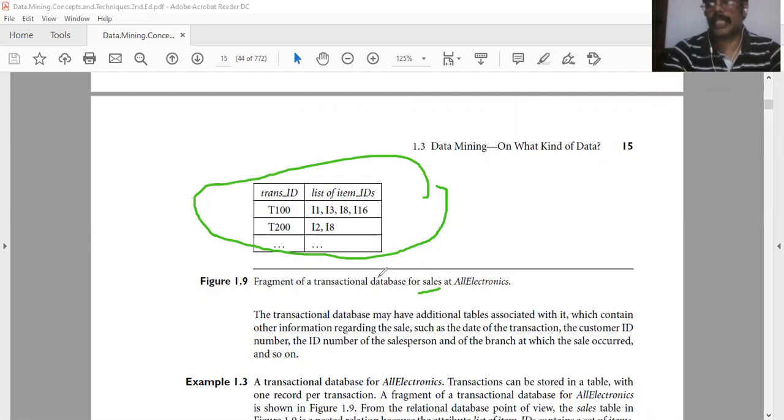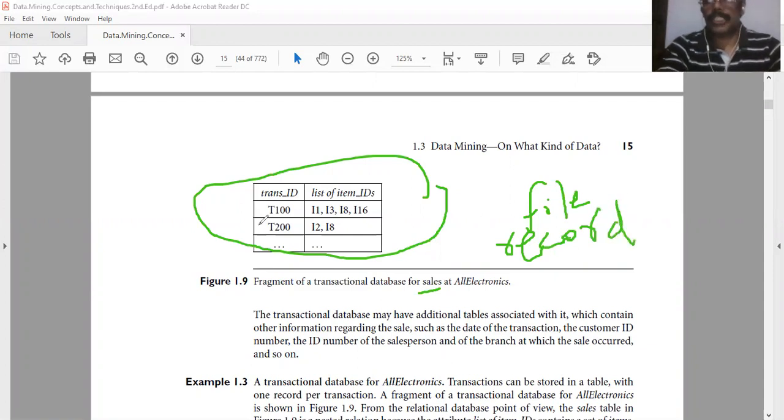So, a transactional database is a file where each record represents a particular transaction. Each transaction has a unique transaction identifier, that is the first column normally, and a list of items associated with that transaction.